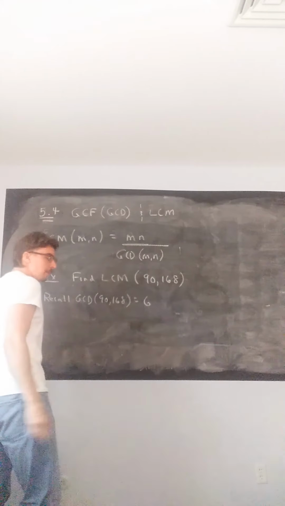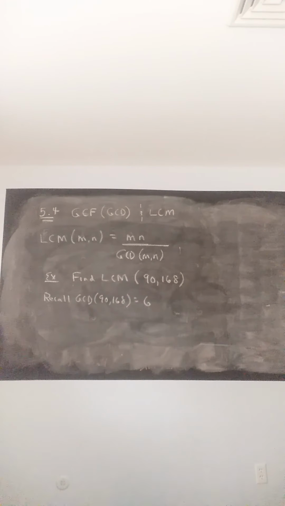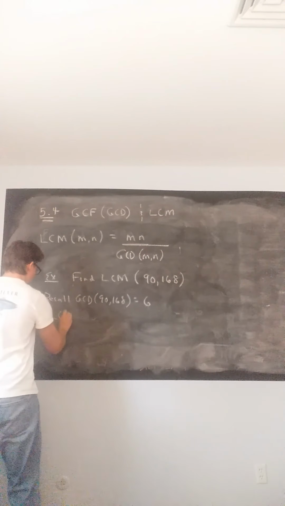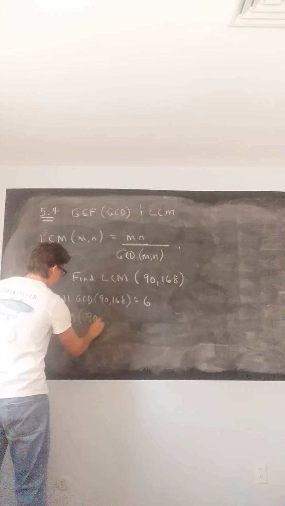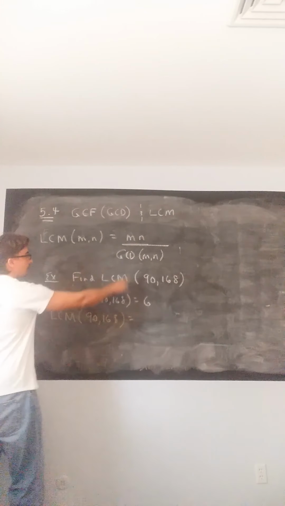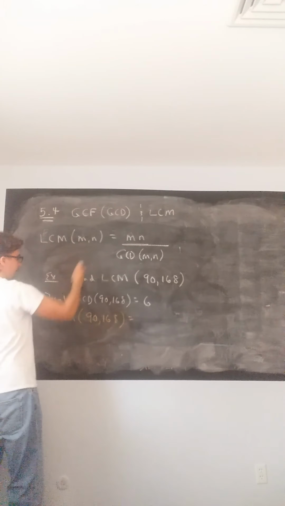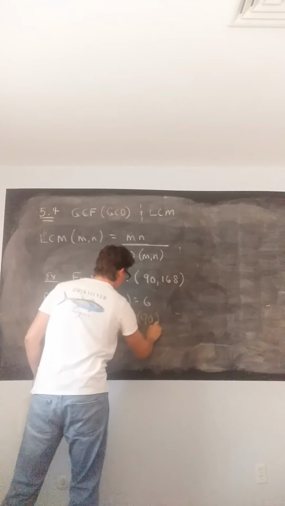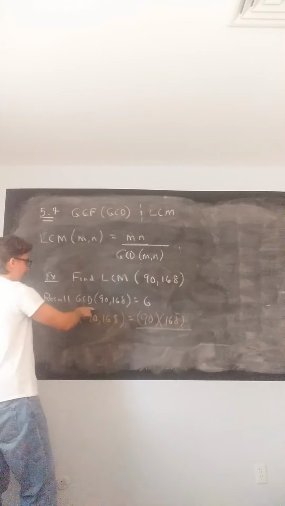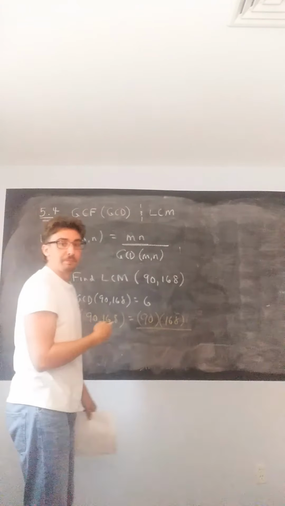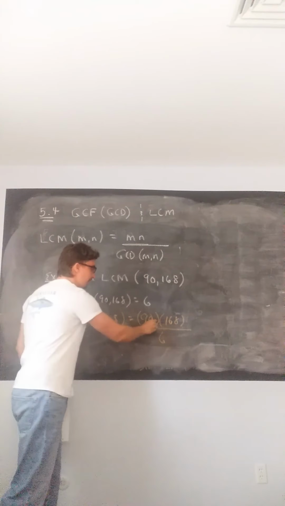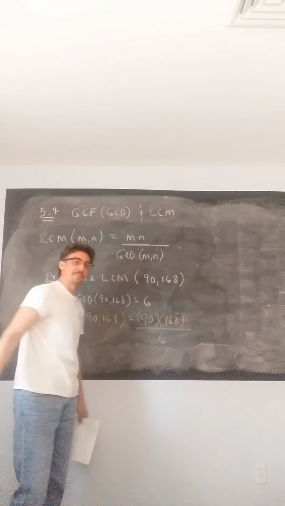So all we got to do, use a different color, to find the least common multiple between 90 and 168, we take 90 and multiply it by 168 because that's what the formula says. So 90 times 168 and divide it by the GCD between 90 and 168, which we previously found to be 6. So all we got to do is the multiplication on top and divide by 6.